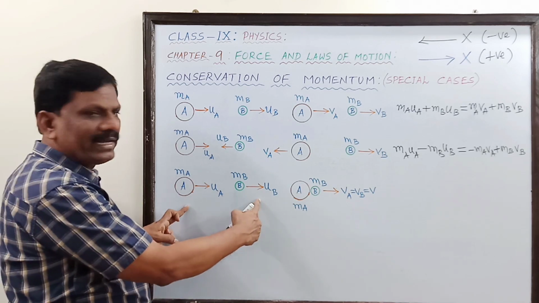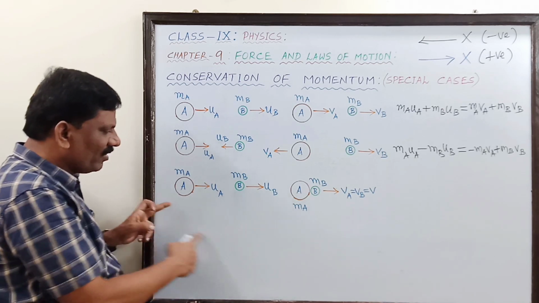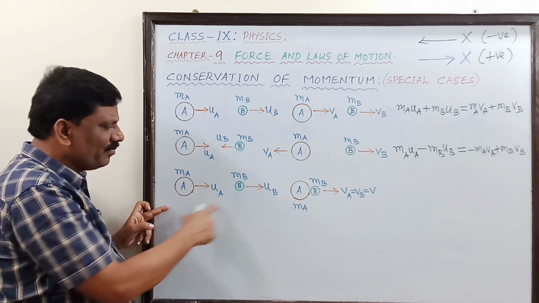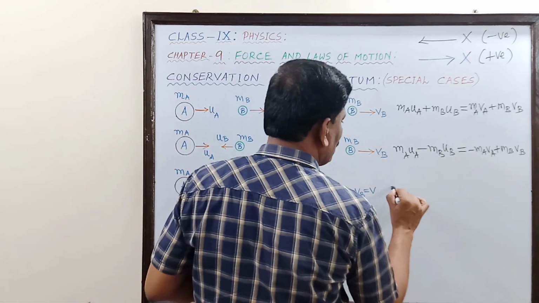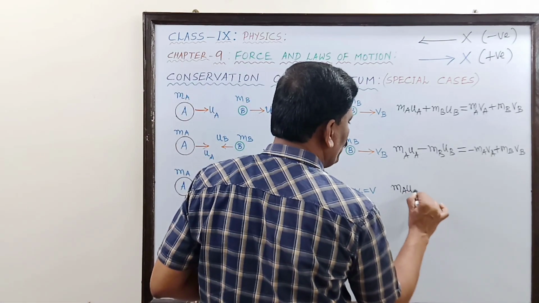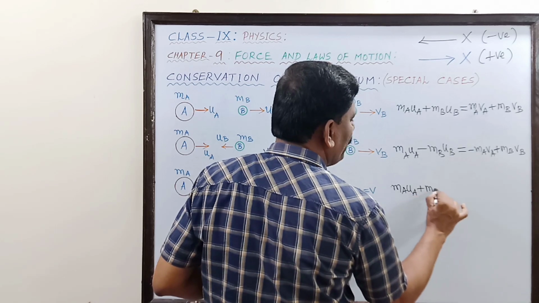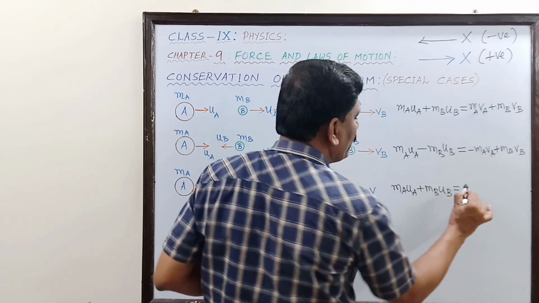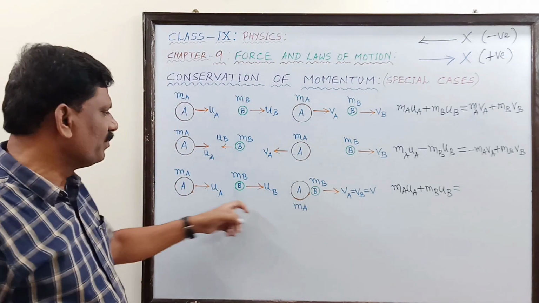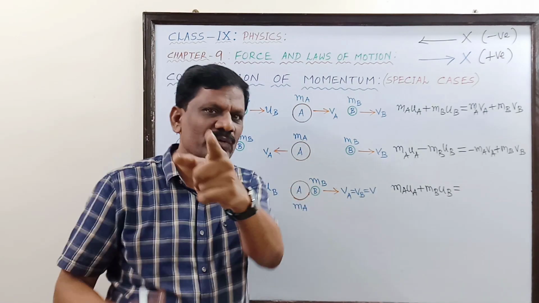Both are moving along the positive x direction. Therefore, what is the total momentum before collision? In this case, both are positive: MA UA plus MB UB. So the total momentum of the system before collision is positive.